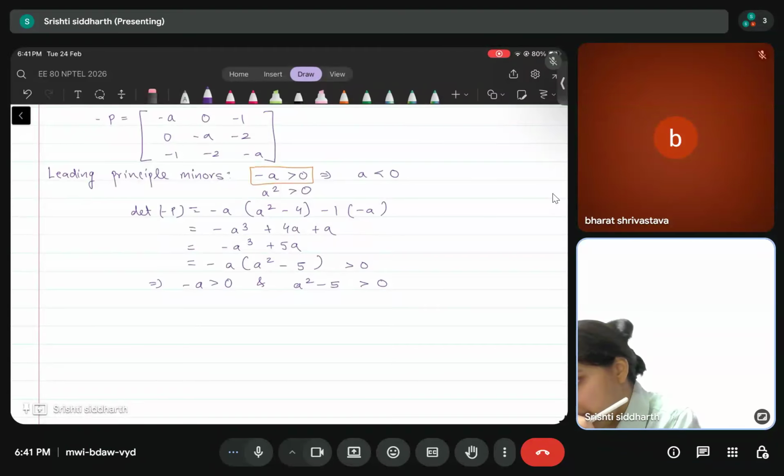Let me see. So a square should be greater than 5. Let me check if this is correct.